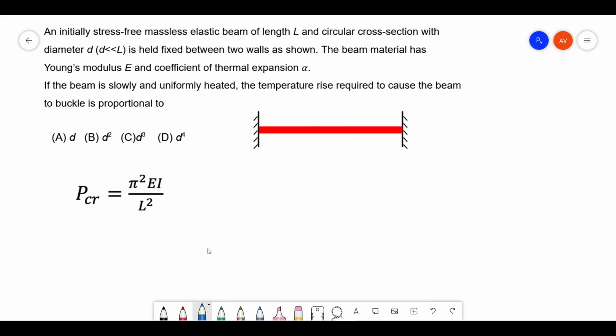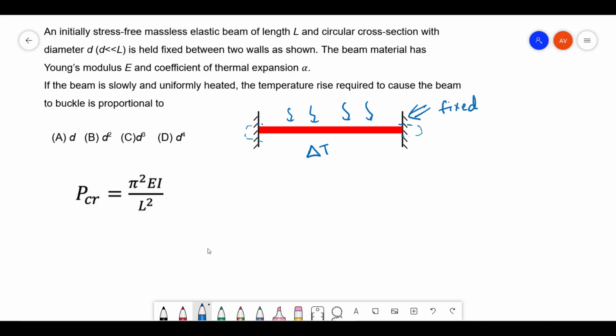So what is actually happening here? You are giving some heat to the system and its temperature is rising by delta T, the rise in temperature. Because of this, the rod wants to expand in all directions, but it is fixed at both ends.